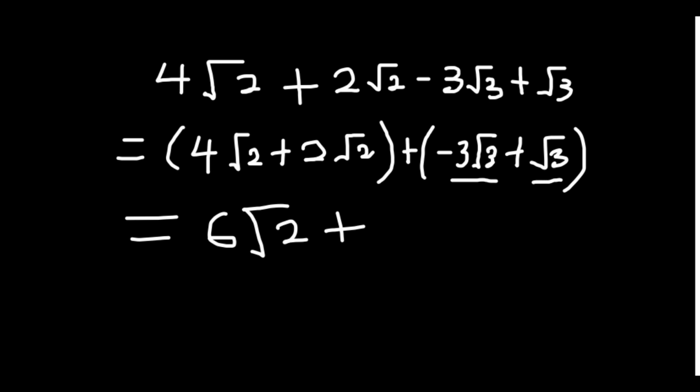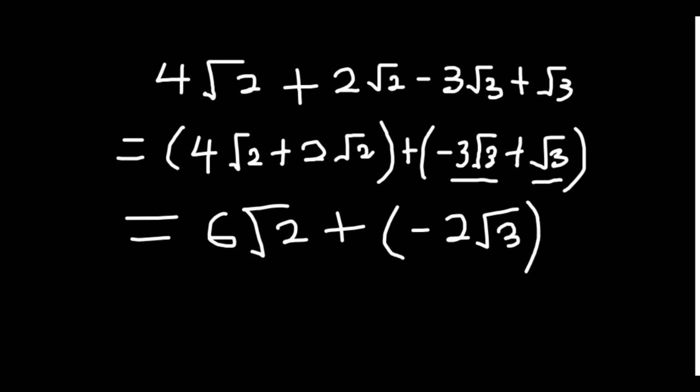In here this square root 3 has 1 as its coefficient, so it means that we are subtracting 3 from 1. So here we are still going to have a negative expression. When we take 3 away from 1, we have minus 2, together with our square root 3, which is the like term between them.